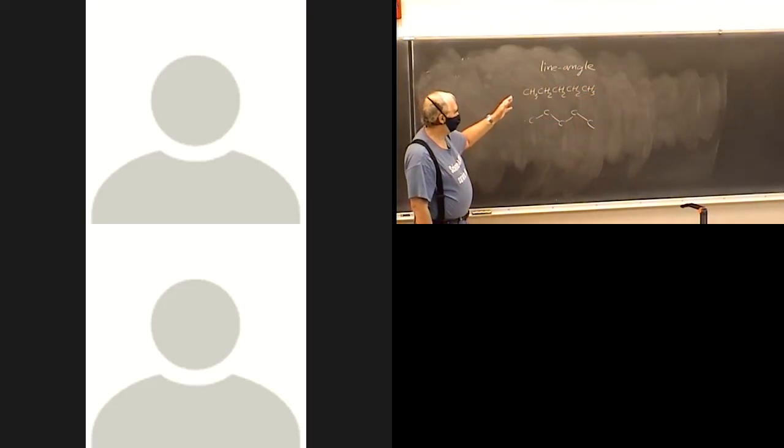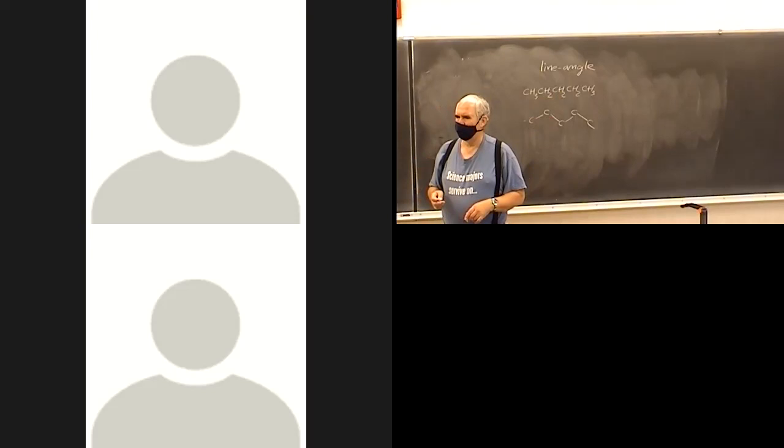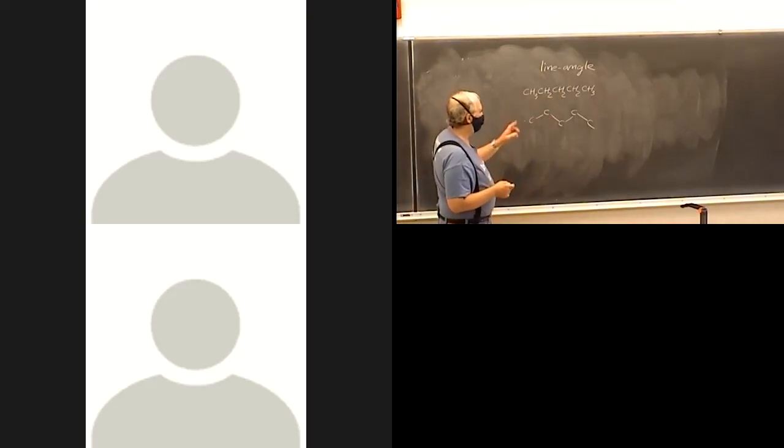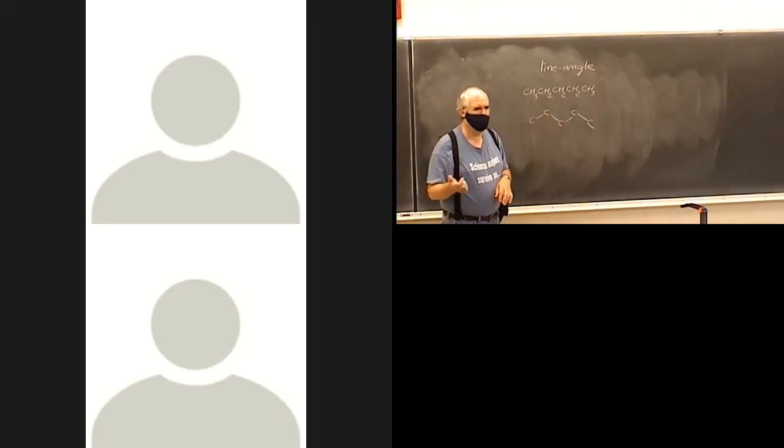Because a carbon with all single bonds has a tetrahedral geometry, this 5-carbon chain is actually not a straight chain, but it zigzags. What we can do is represent each one of those carbon-carbon bonds as a line segment. We would write it like this. I'm going to redraw this.